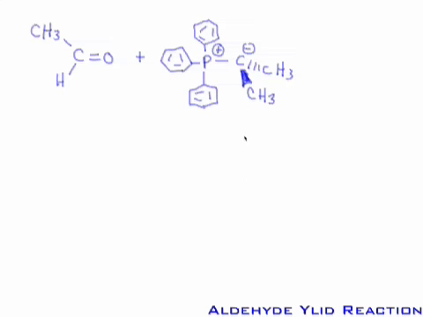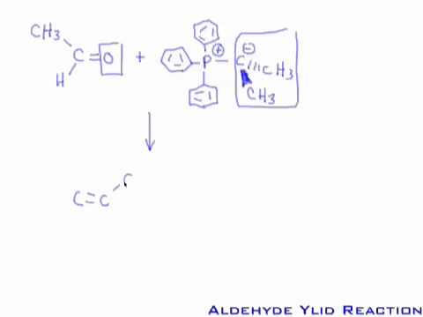What effectively happens when you do this reaction is that it looks like the oxygen and the carbon with the two methyls swap positions. That is, you finish up with an alkene where you replace the oxygen with the carbon with the two methyls.